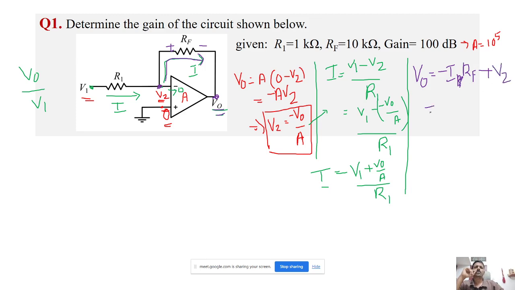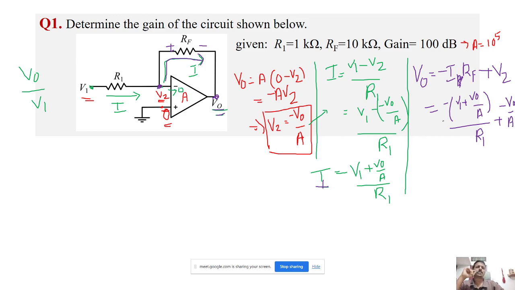Again we will substitute the current as well as the value of V2 from the previous value. So what is I? I is V1 plus V0 by A, whole by R1, and V2 is minus V0 by A. Okay, so that's what we have got.